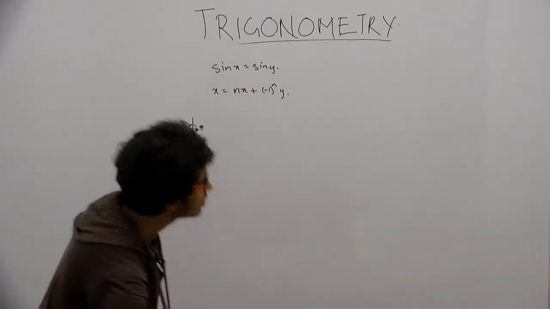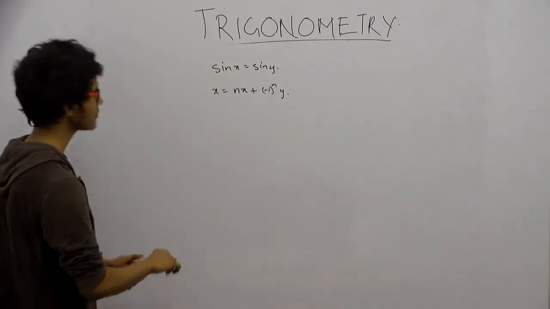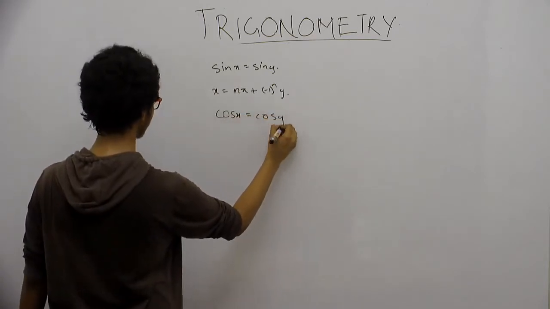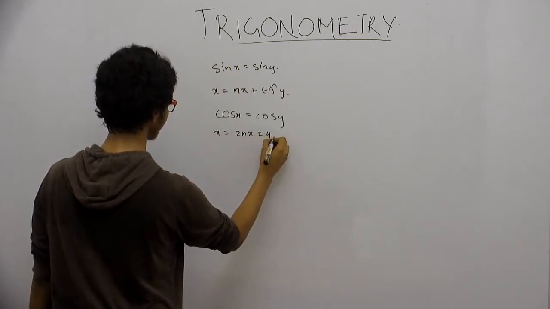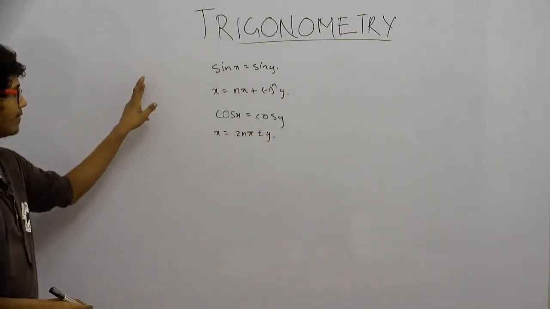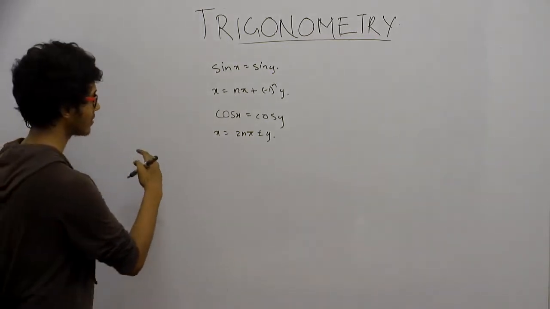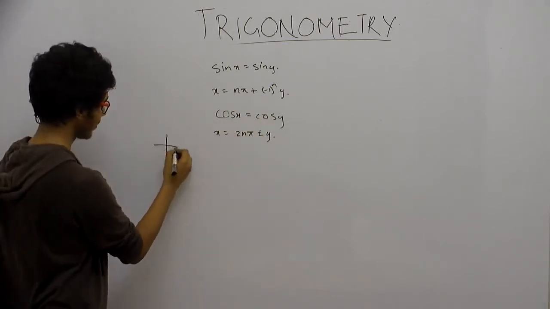Alright, now let's do it for cos and tan. When cos x equals cos y, it is much simpler. I simply write 2n pi plus minus y. Because cos is positive in the first and fourth quadrant, whenever we get these two values equal, we say that x is here.